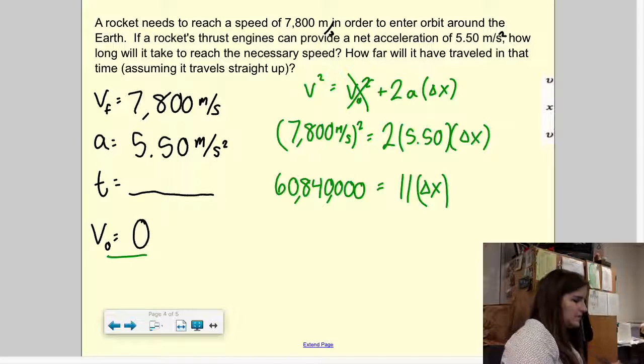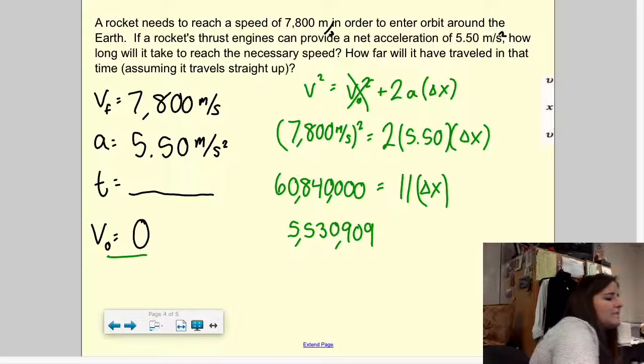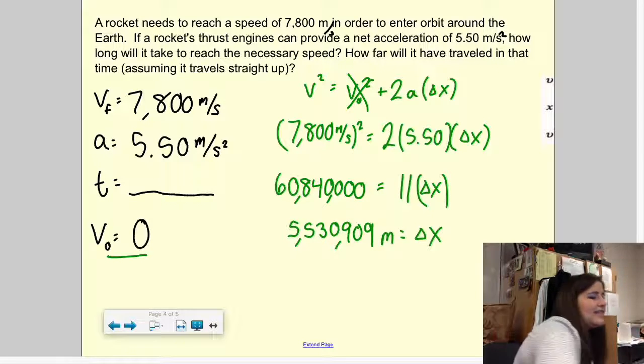Okay, so we take that big number, divide it by 11, and we get about 5,553,000 meters. Okay, that's how high it will go.